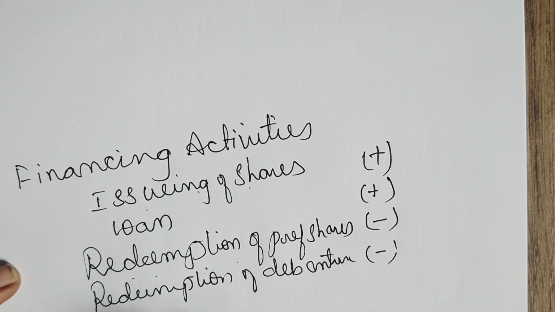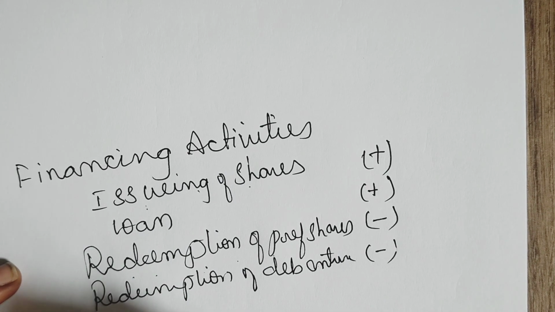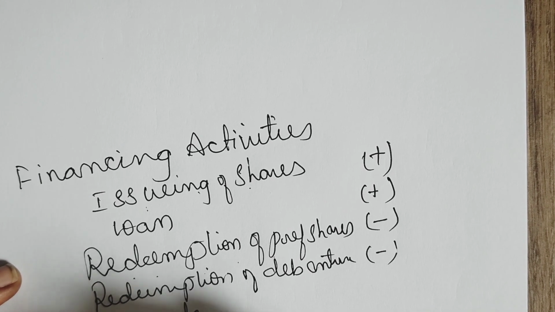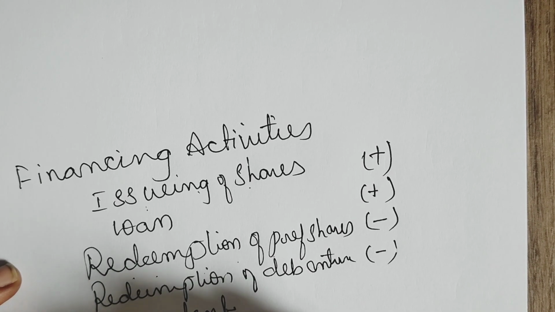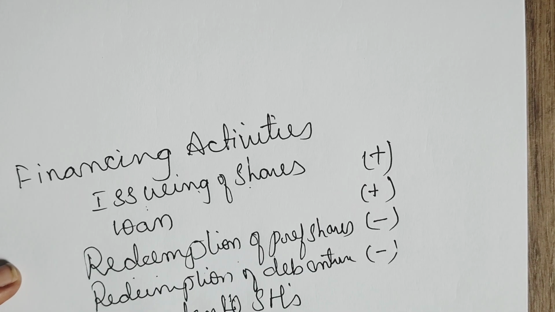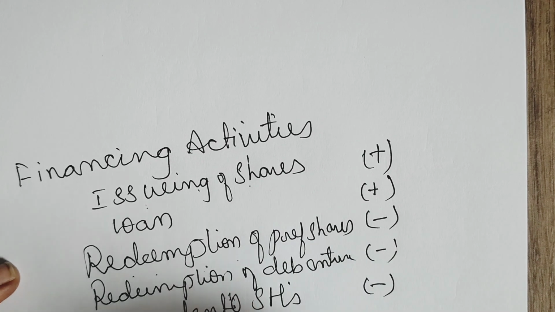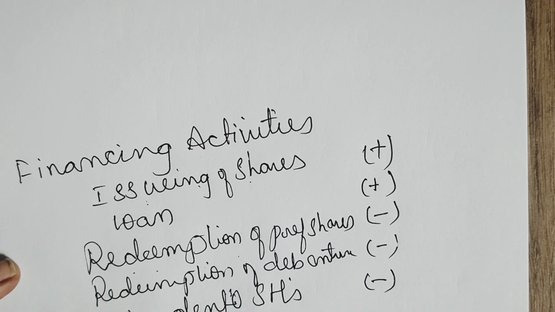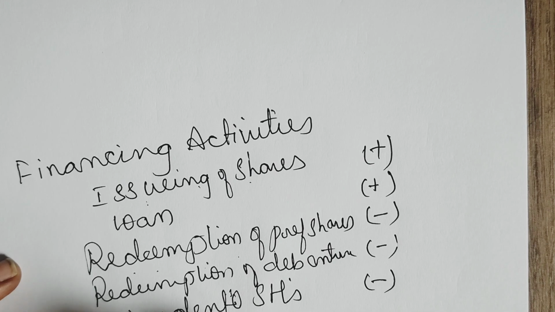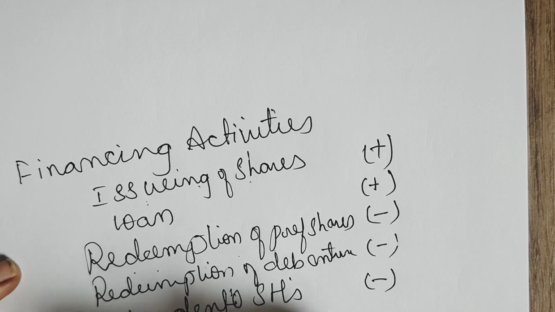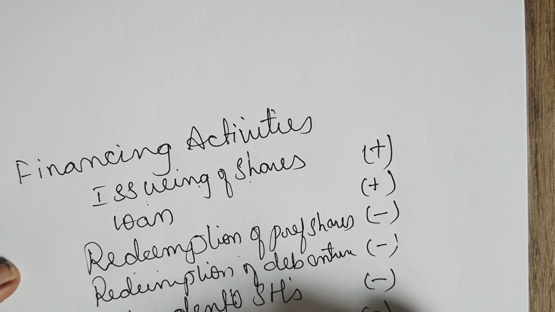Now, while issuing, I told you it can be equity, preference, or debentures. If it is preference or equity, you need to pay a return to the shareholders, right? Dividend to shareholders. Dividend you are paying. Is this add or minus? It is minus. You have debenture holders. Interest you need to pay them. Interest, minus.